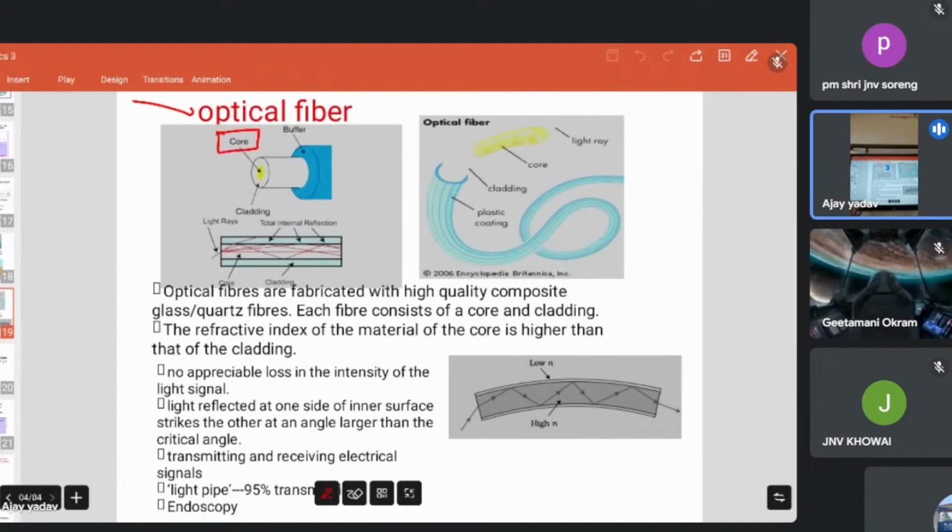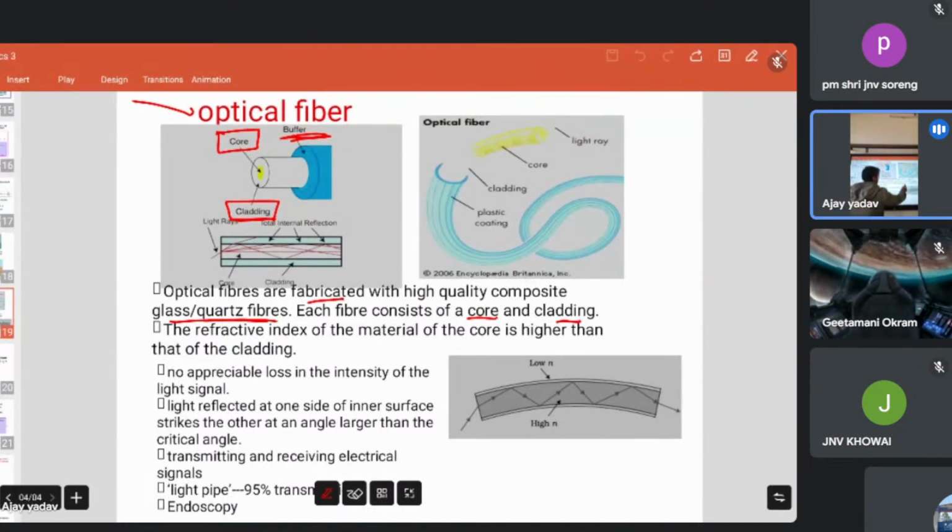The inner layer is made of core, and outside the core, the material is called cladding, and on the surface is the buffer, a coating of plastic or rubber. Optical fibers are fabricated with high quality composite glass or quartz fiber. Each consists of a core and a cladding.